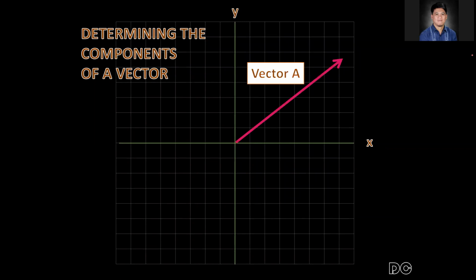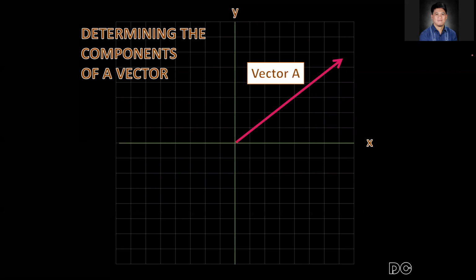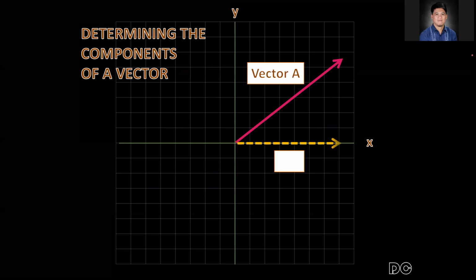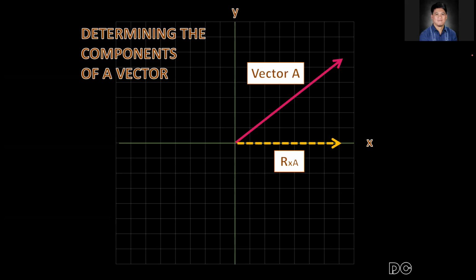If this is our given vector, the vector A, first let us determine the x and y component of vector A. This is our x component, which is the r sub xa, and the y component, which is the r sub ya, and our angle theta.